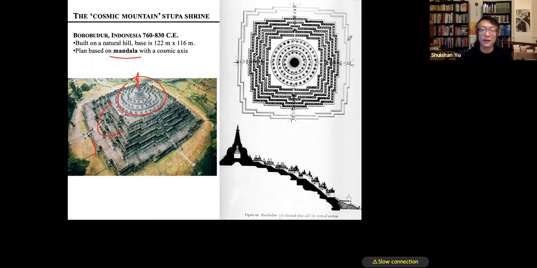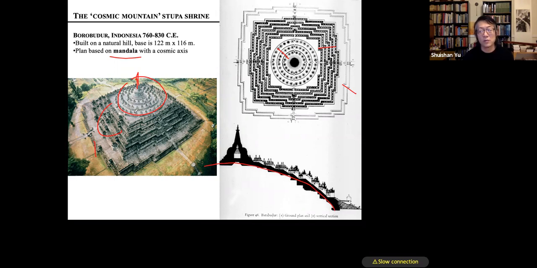So from this plan, you can also see the three grouping, first group, second group, the third group. And from the section, you might notice that it is also a hemispherical shape. Kind of like the Sanchi Stupa, or sophisticated version of it.